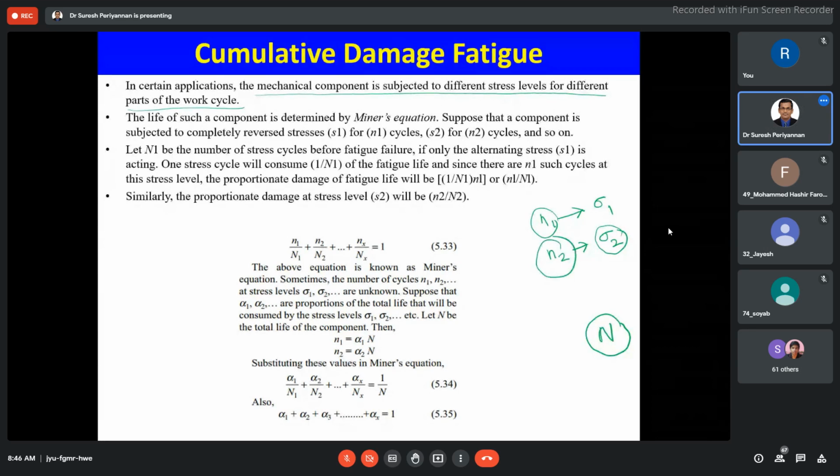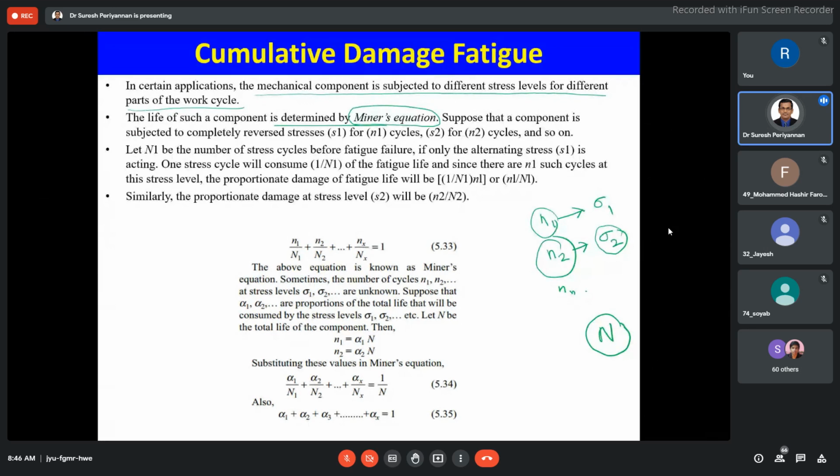It is also possible to go up to nn cycles, right? Then in this situation, what is the life of the component? Please see here, I have clearly mentioned it. For the total life of the component, we use this equation, and the person who developed this concept gave it the name Miner's equation.